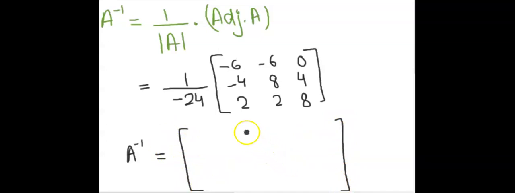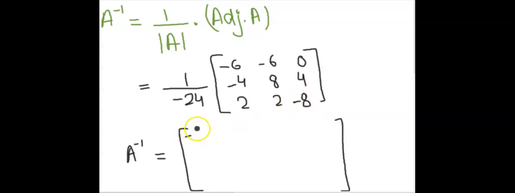A inverse will be 3 over 12, which you can simplify. So minus 6 over that, you can simplify. All of them you can simplify, and you will get an answer for A inverse. This is negative 8, not 8.